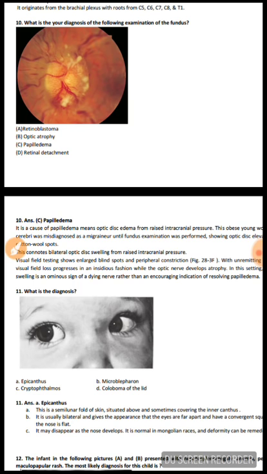Before attempting your NEET PG exam, you must be 100% confident in every subject, and you cannot attempt the exam with a doubt in a single subject, because that doubt can make you attempt the question in a wrong way even if you know the answer.